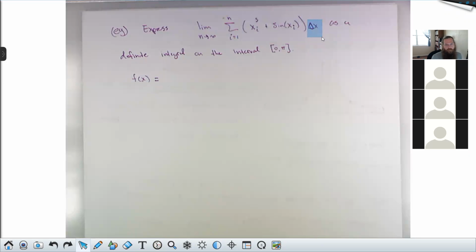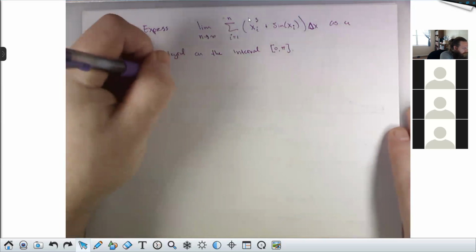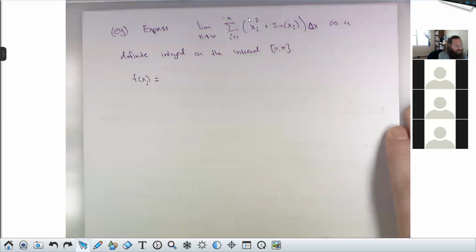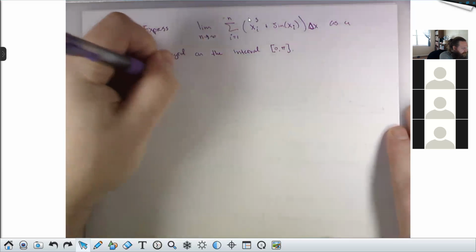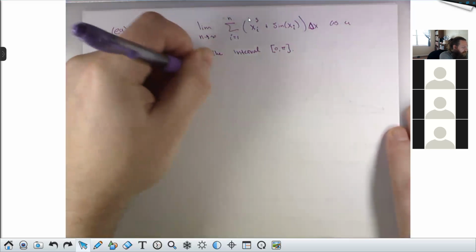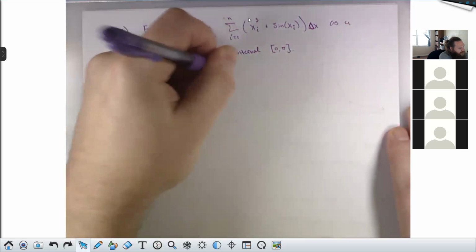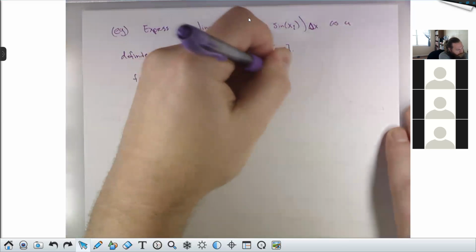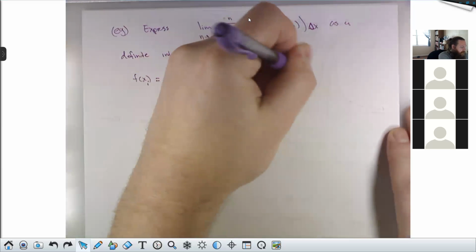Remember, delta x is like the dx. Wouldn't it be x cubed plus sine x? Exactly. Or I mean xi? Yeah, no, that's it exactly. So f of xi is the thing inside there. That's xi cubed plus the sine of xi. So f of x is x cubed plus the sine of x.